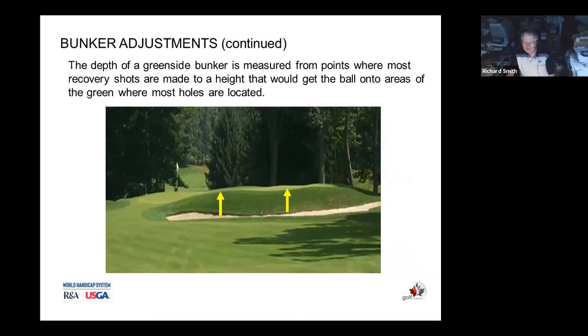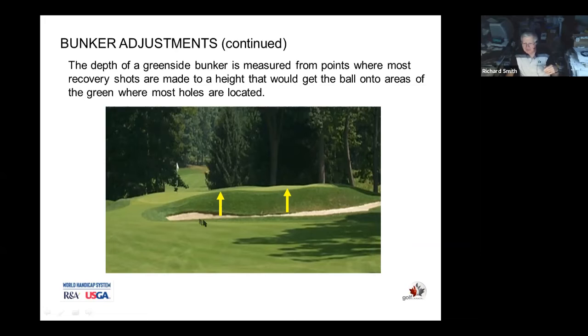Here's one where they've gone back. Previous to this, they came out with the statement that you would measure bunker depth from the place in the bunker to hit a shot to any part of the green. They're now going back to what it used to be, which is the height that you have to clear to get to the part of the green that has most of the pin locations.